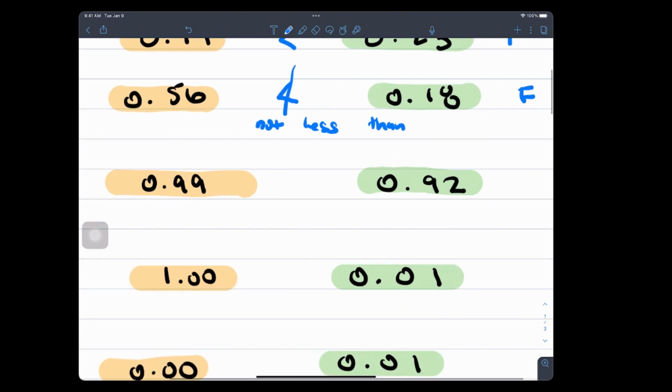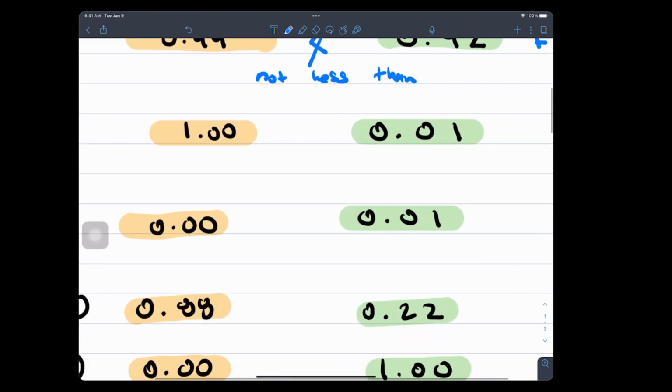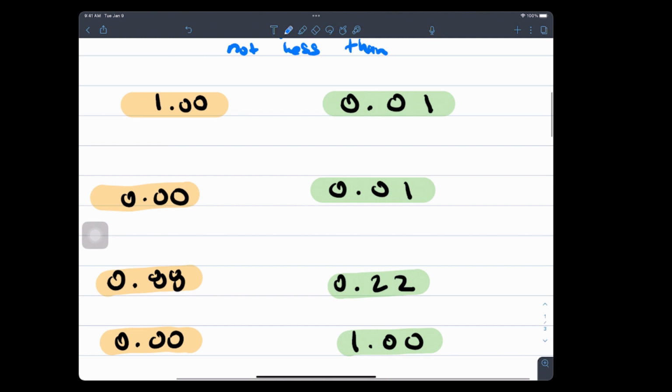All right, what about this next one? What are you guys looking at here? Is 99 cents less than 92 cents? No, so cross it out. That's saying not what? Not less than. That's a false statement, okay? What do you guys see here?